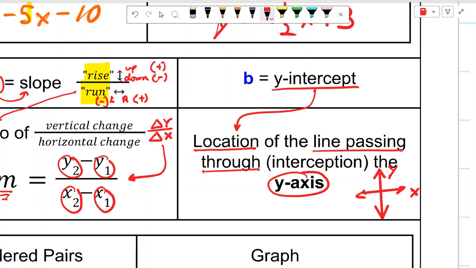If a line is drawn anywhere on the graph, it will pass through the y-axis. Remember, the y-axis is this one right here. It might pass above the x-axis, or it might pass below, or it might even pass right on the x-axis. So it will pass through the y-axis somewhere at some time, and that's known as the y-intercept.